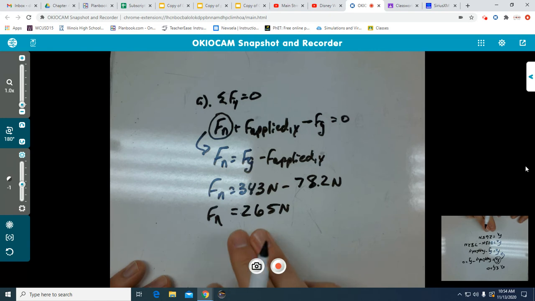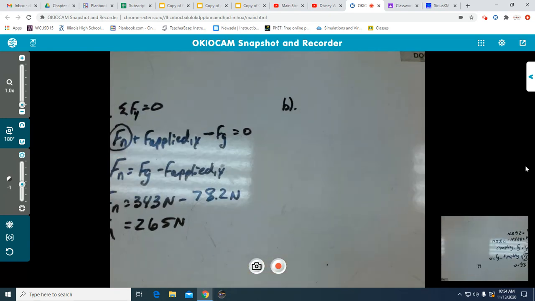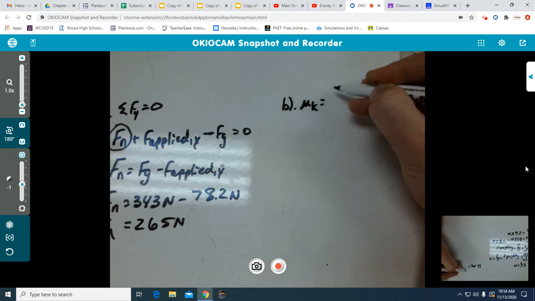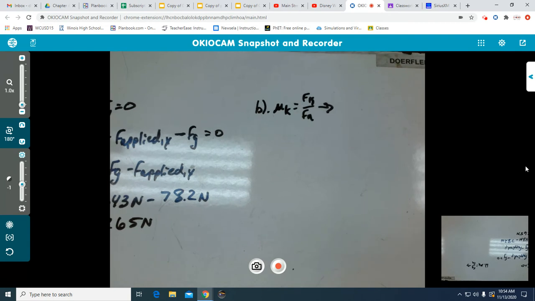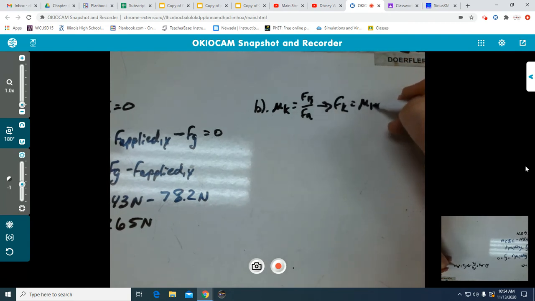Now we can take that normal force and go to part B, where we need to solve for the force of kinetic friction. We take this equation, Fk over Fn, and rearrange it to solve for Fk. So Fk is equal to mu k times the normal force.